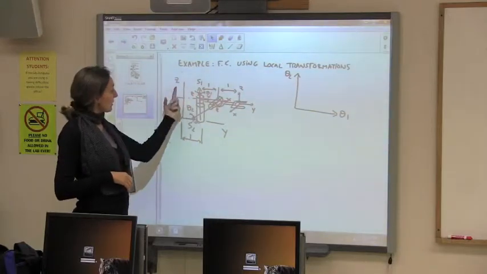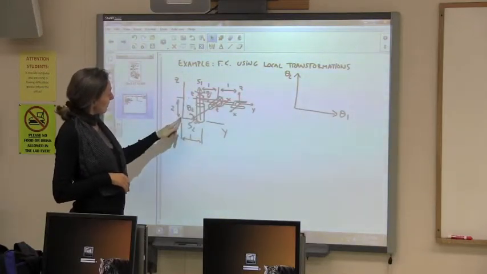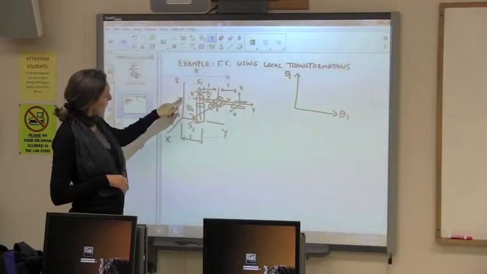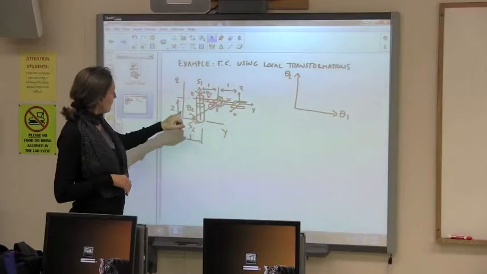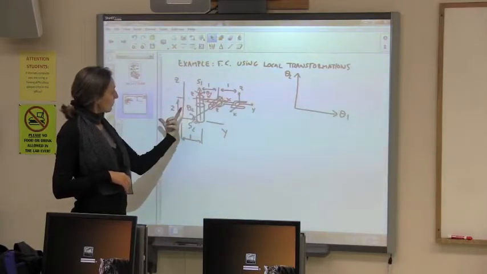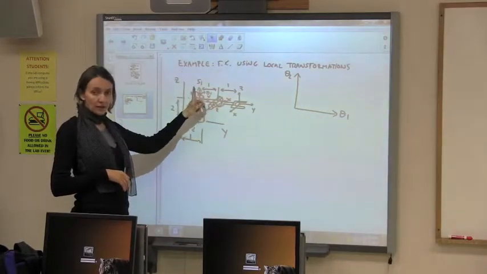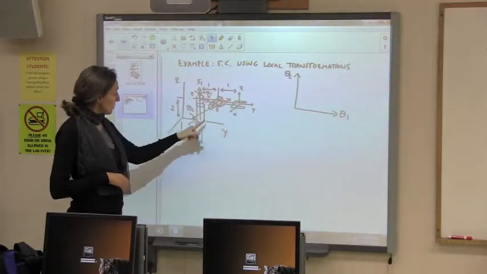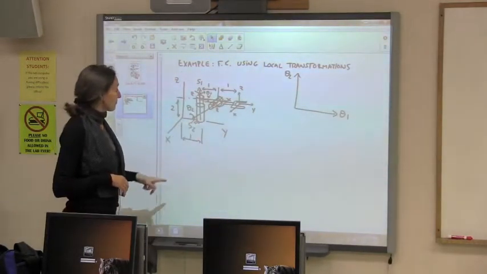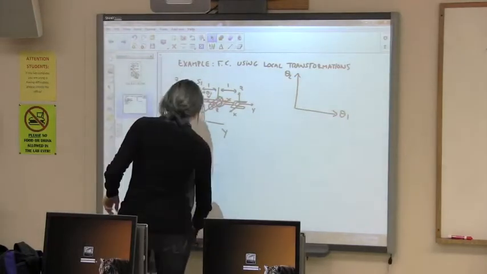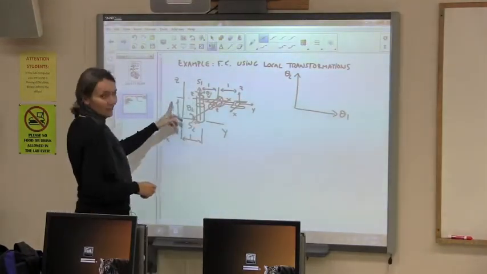So we have a translation and a rotation about Z. We have to move from this point to that point and rotate from X being here to X being there. But we also have a translation in the Y direction, okay?